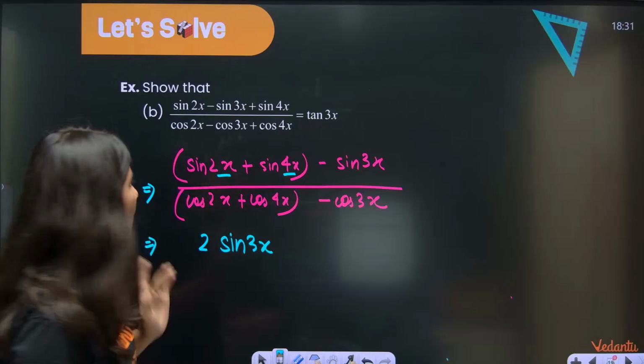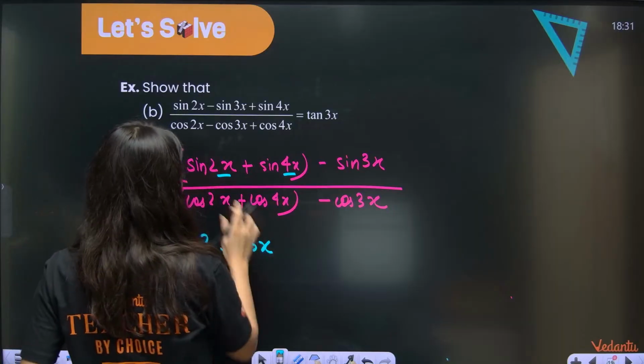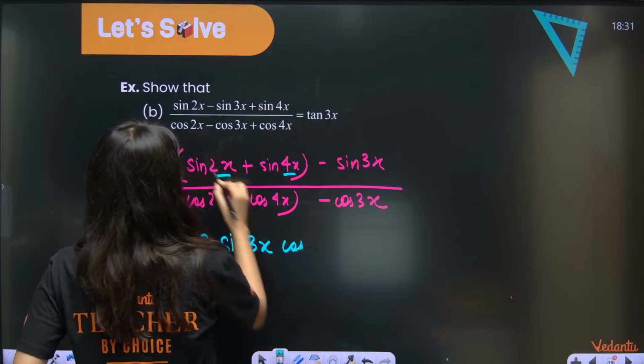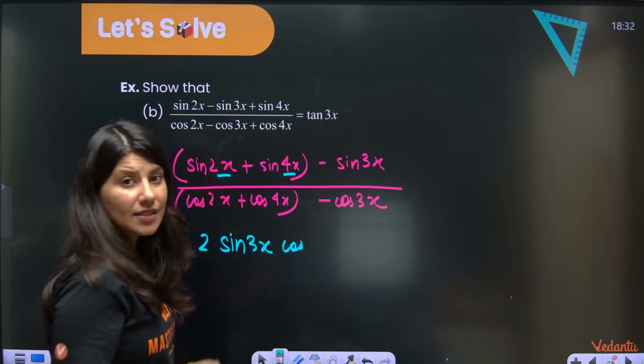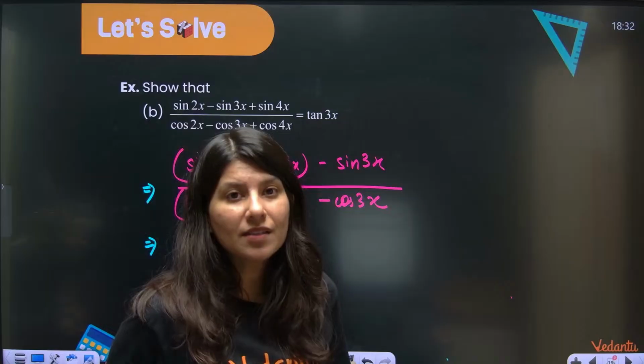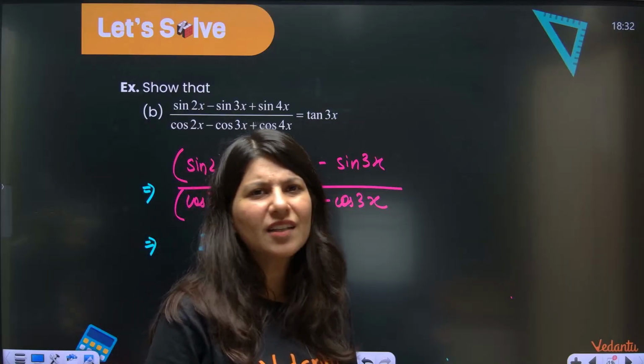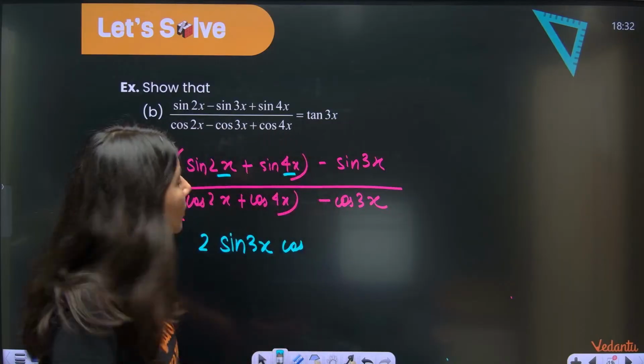Now sin C plus sin D is 2 sin C plus D by 2 cos C minus D by 2. Inside cos, negative or positive does not even matter, so don't get bothered.